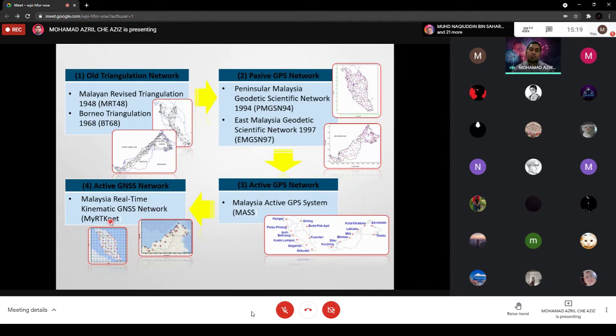In UITM we have an account, so when students use the GPS, they can tie with the MyRTKnet station to get real time data, real time positioning. That account needs to be renewed every year.